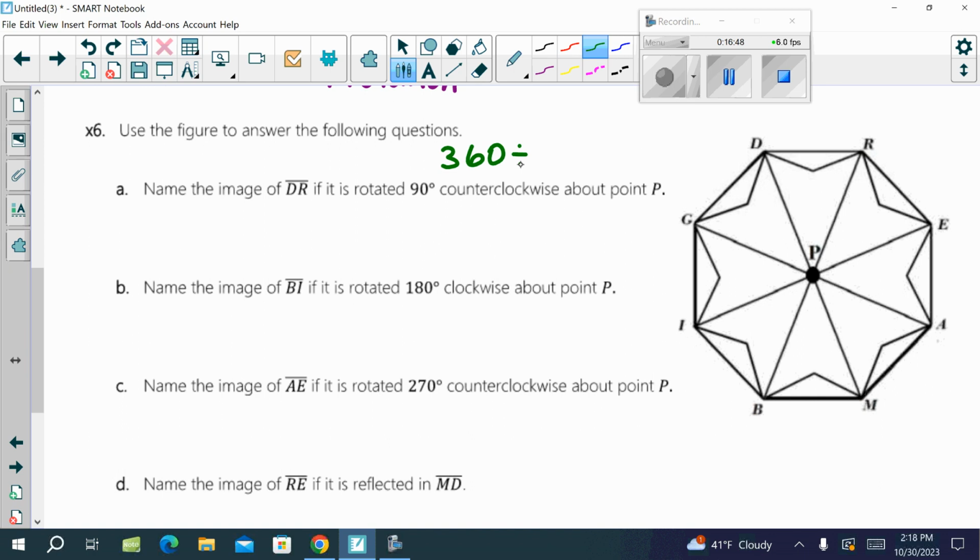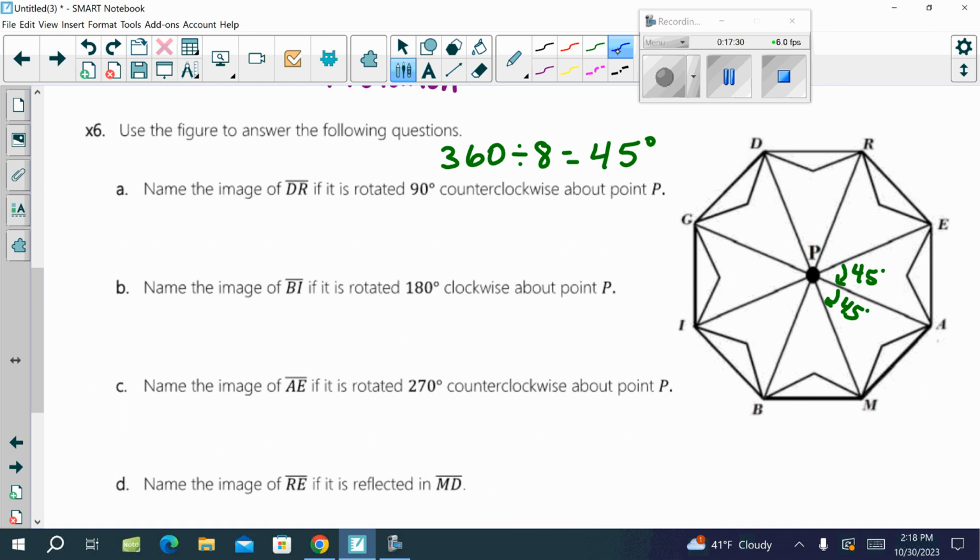How often does it look like itself? 8? Okay. So 360 divided by 8 is how much? 45. So that means each turn is 45 degrees. Does that make sense? Each turn is going to be 45 degrees for it to look like itself. Okay? All right, now we can figure out the questions.